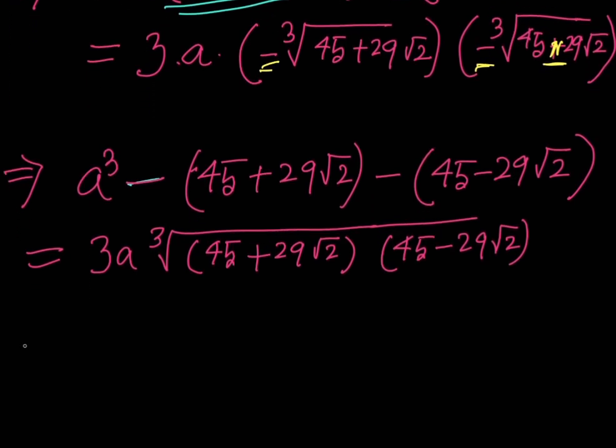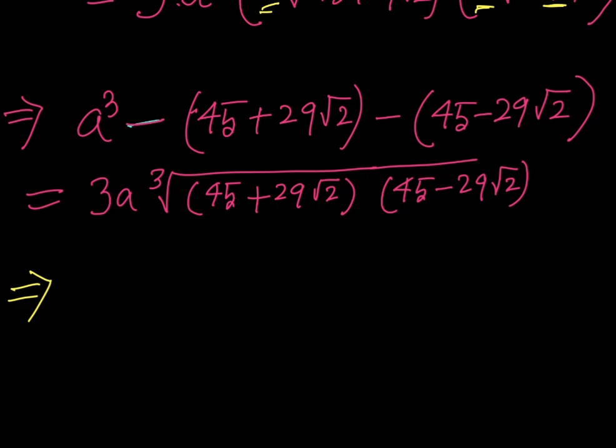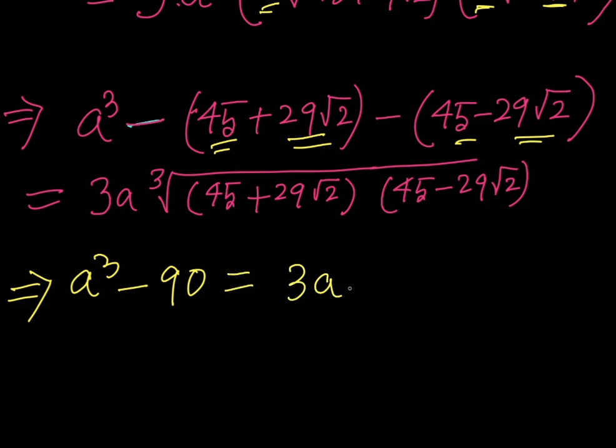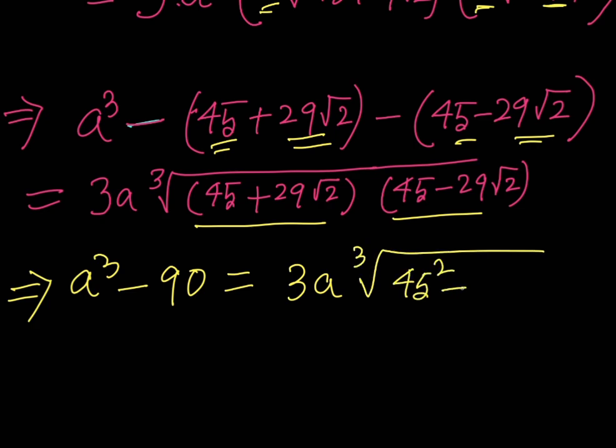So this implies that a cube and this term will be cancelled out. So a cube minus 90, since 45 plus 45 is 90. So that is 3a, and this is actually a plus b into a minus b, that is the cube root of 45 square minus 2 into 29 square.